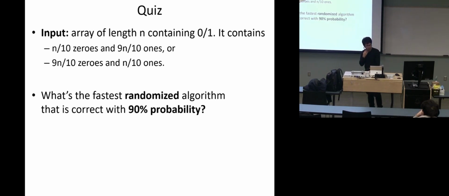Now let me ask you one thing. If you want just a randomized algorithm that is correct with 90% probability, how many queries do you need?